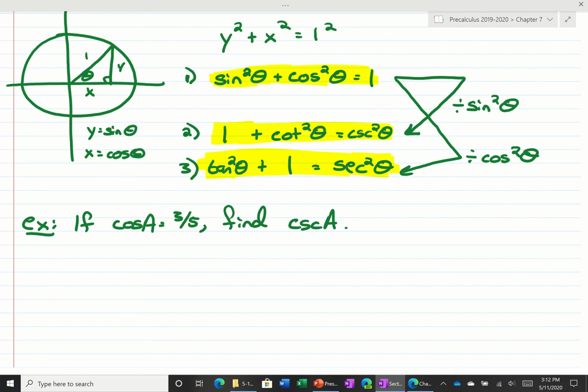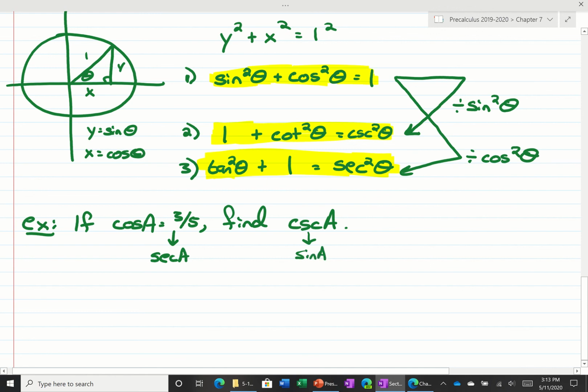So you have to look at all your formulas and think about which formulas include all of these trig functions. Well, if we know cosine is 3/5, I could easily make this into secant. And if we want to find cosecant, I know that we could easily use sine instead.